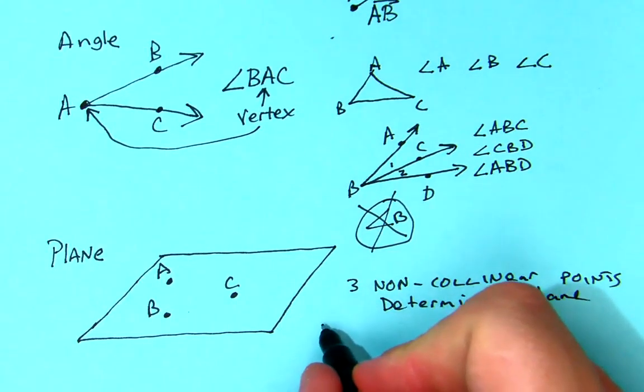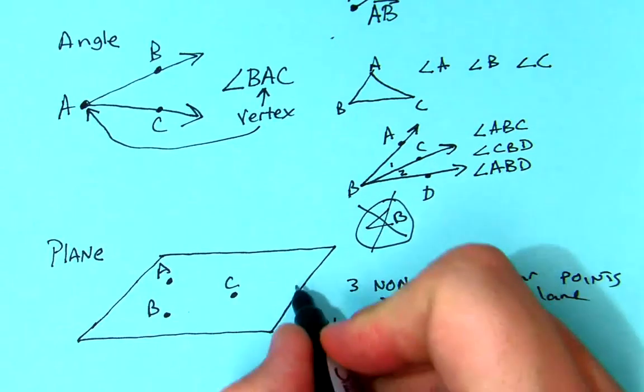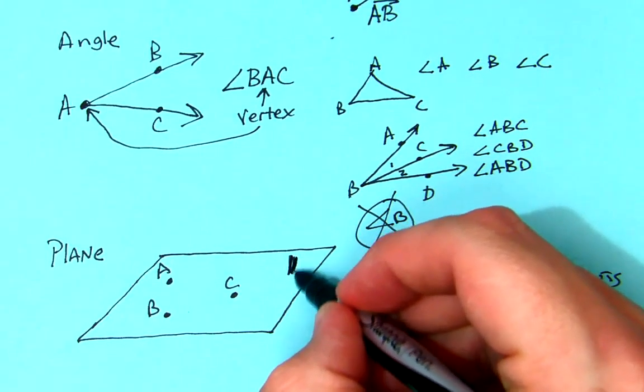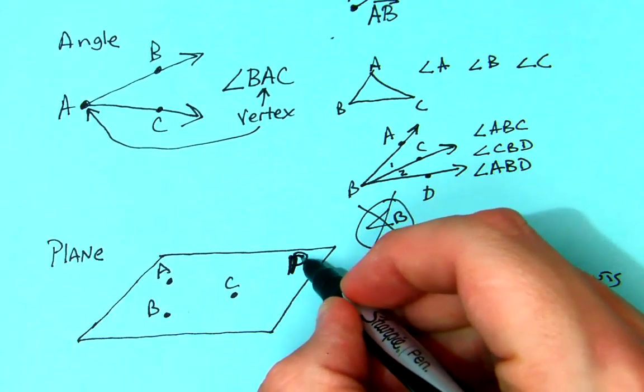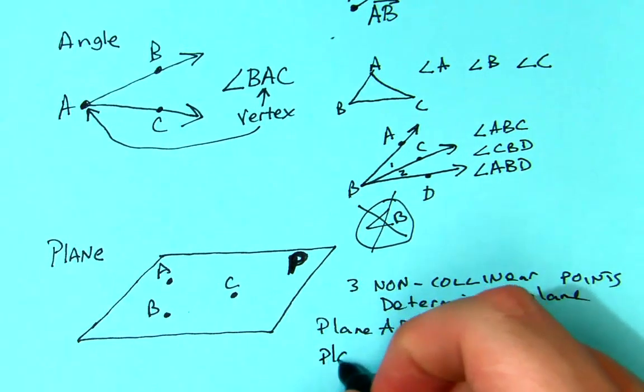We can name this by saying it's plane ABC, or sometimes you get a big bold letter in the top corner. It's a big bold P. This could be called plane P.